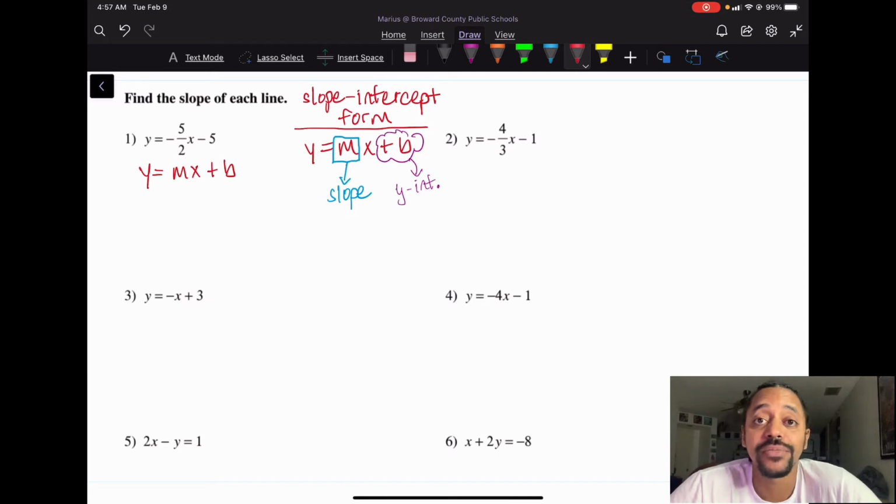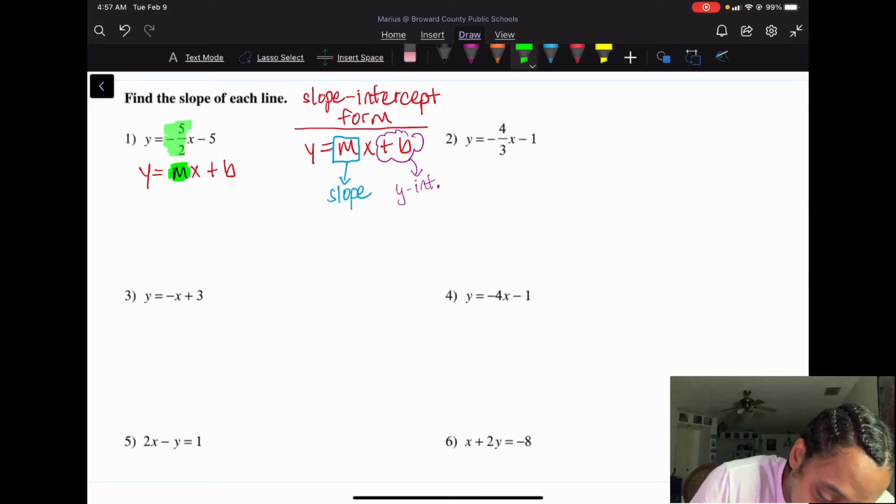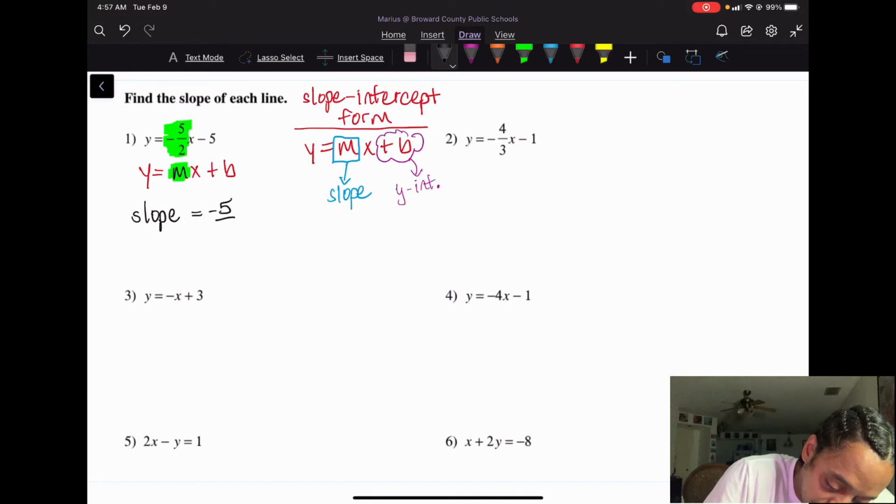Whatever the x term is, the coefficient of the x is the slope. So as we look here, we know that m represents our slope and is next to x. Well, our slope for this equation is a fraction. It's -5/2. So for number one, slope is equal to -5 divided by 2.